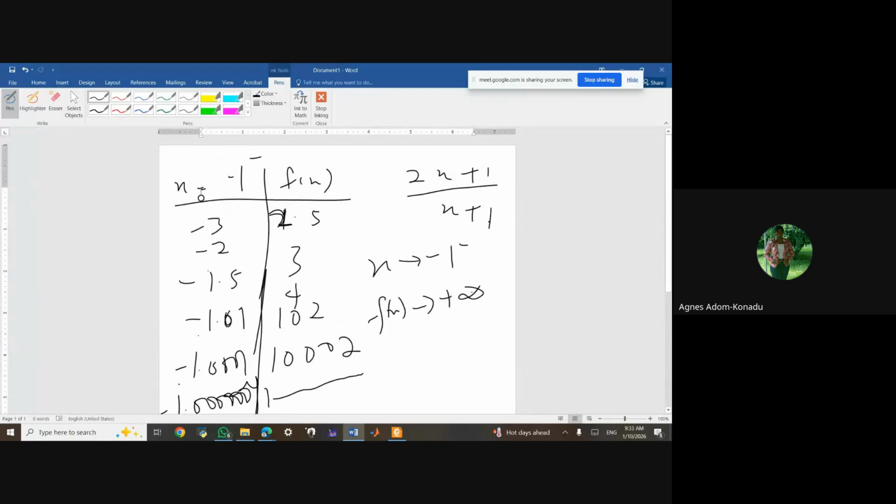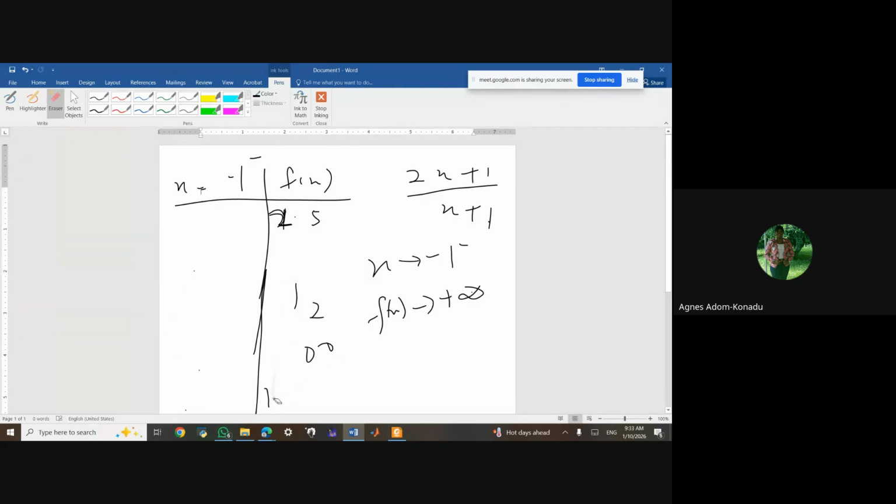Then let's go back and approach negative 1 from the right. So we approach it from the right, and please choose values for me. Now let's start from positive 3.